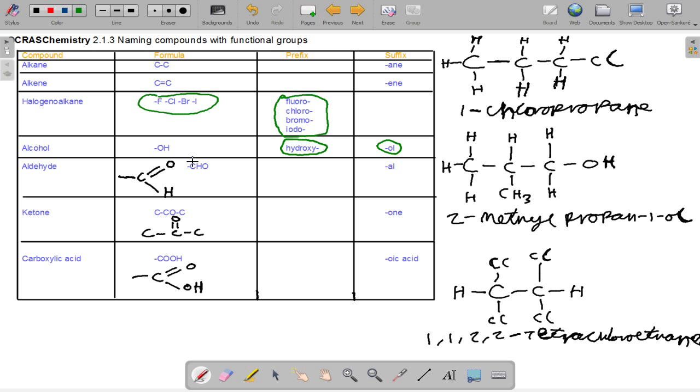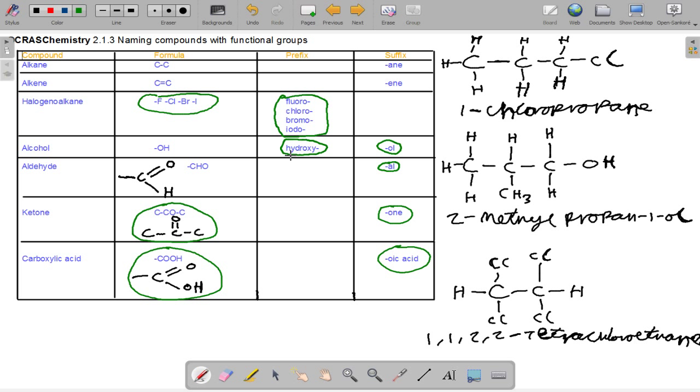For aldehydes, you have the CHO bond, and the suffix is al. Ketones look like this, and they have the suffix -one. And for carboxylic acids, COOH, they just have the oic acid on the end.